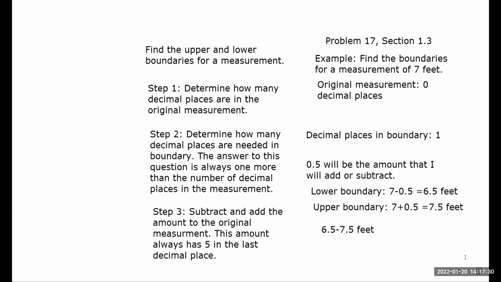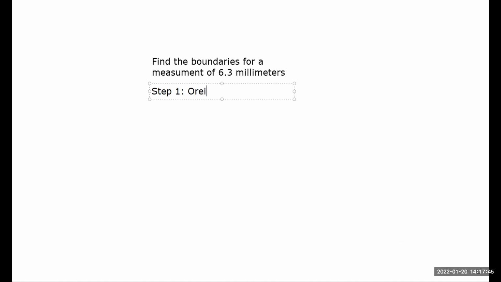So we have 6.3 millimeters. Our original measurement, this is step one, has one decimal place.